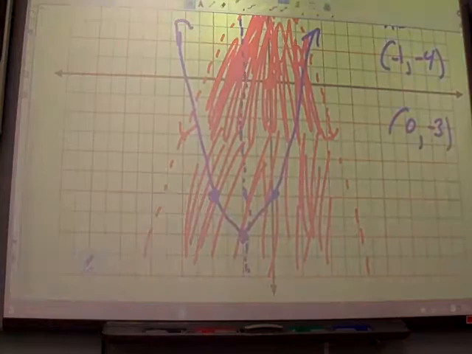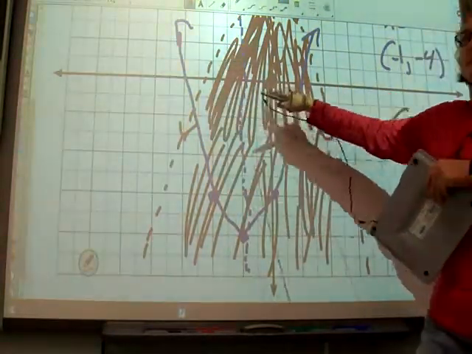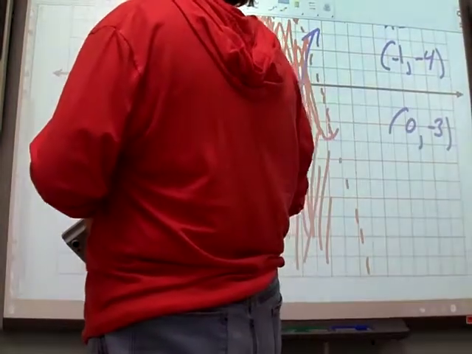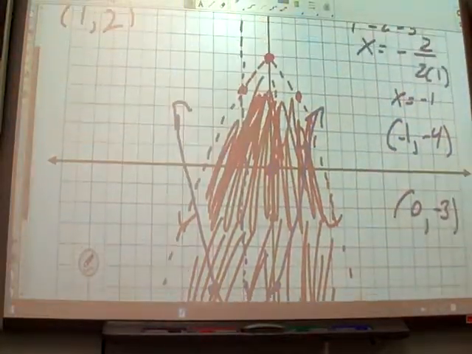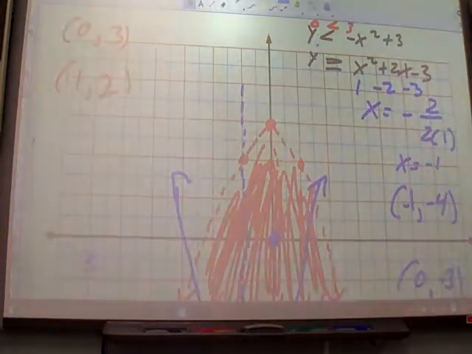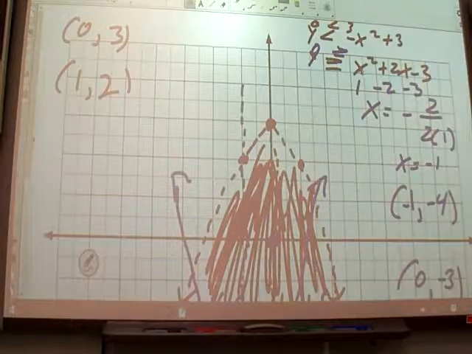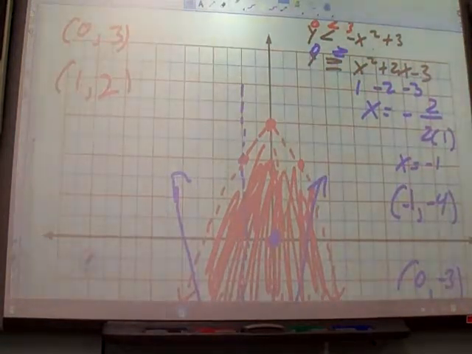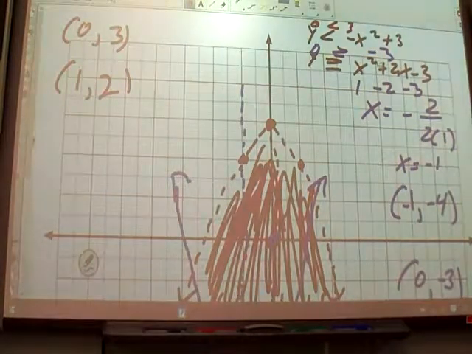Now my favorite point when I can use it is 0, 0. Does 0, 0 lie inside this blue parabola? Yes, so I'm going to test 0, 0 again. So I got to go back up and look at my function. If I plug in 0 greater than or equal to 0, 0, negative 3. So this says 0 is greater than or equal to negative 3.